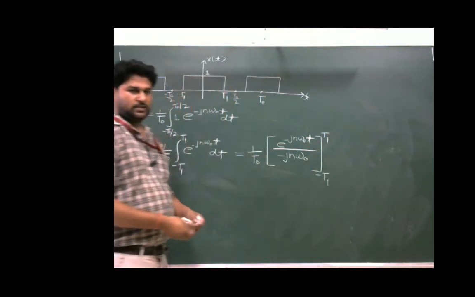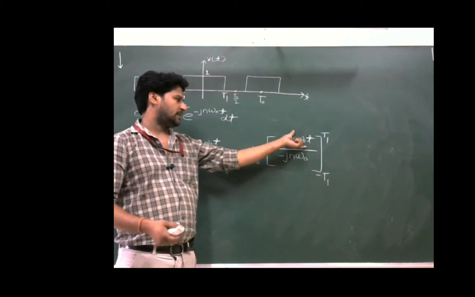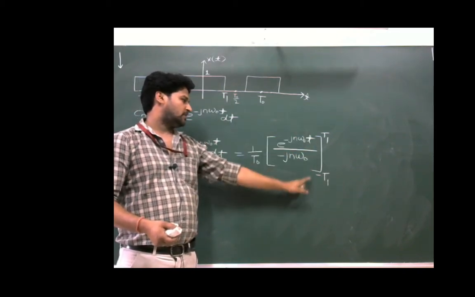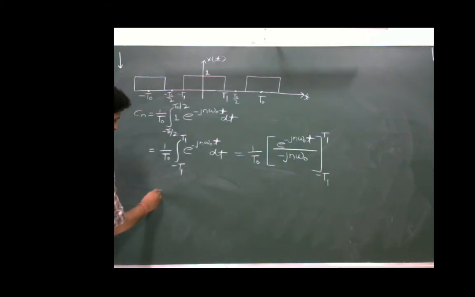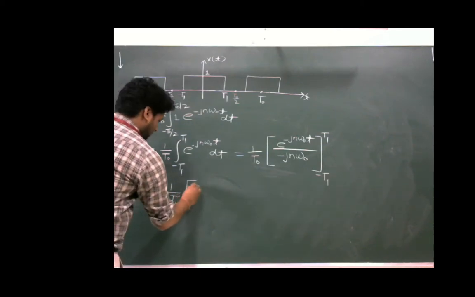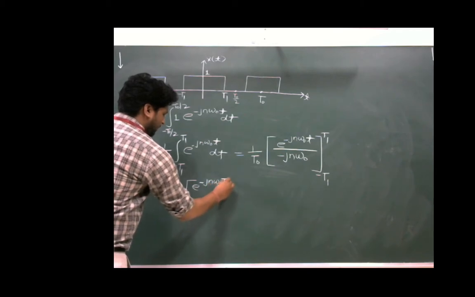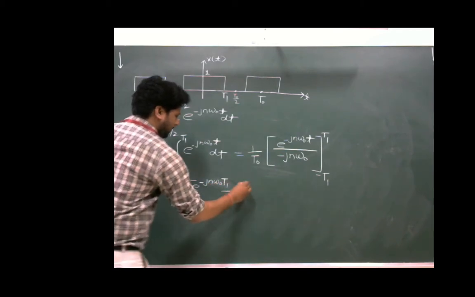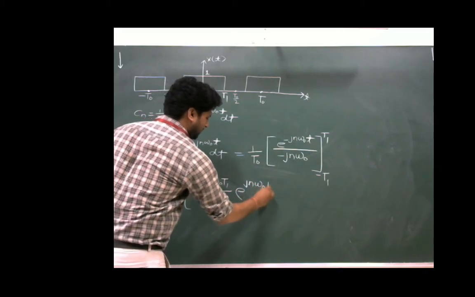Now we will put the value of the limit in this integration, upper limit minus lower limit. Now this will become 1 upon t naught, e power minus j n omega naught t1 minus e power j n omega naught t1.